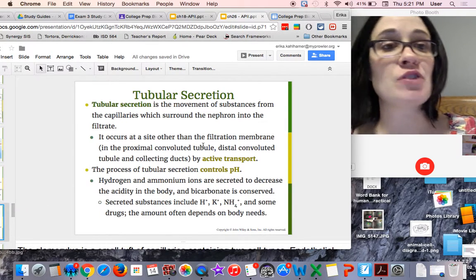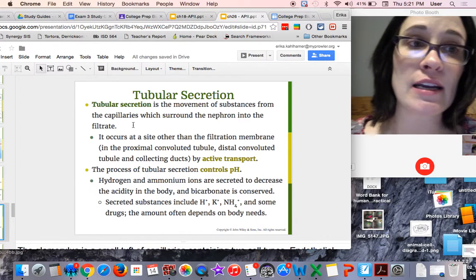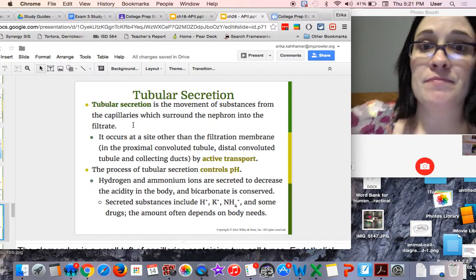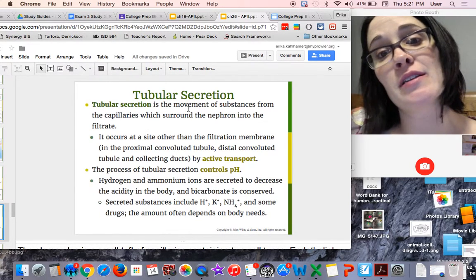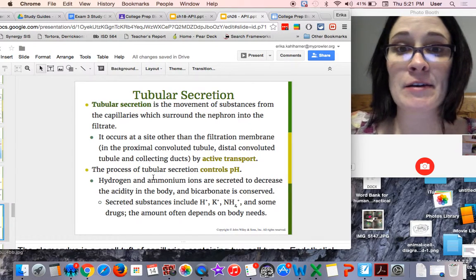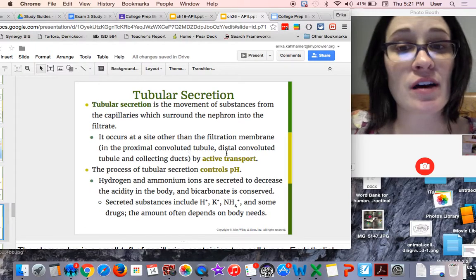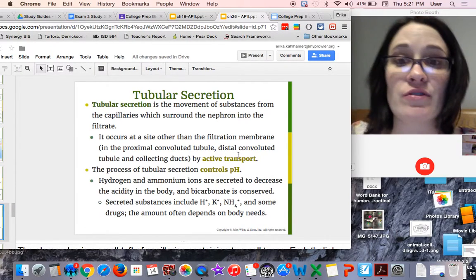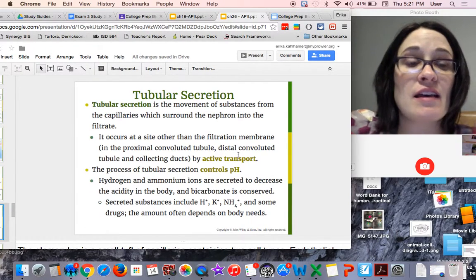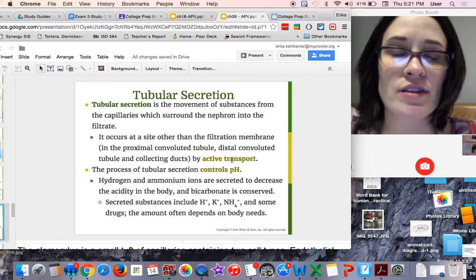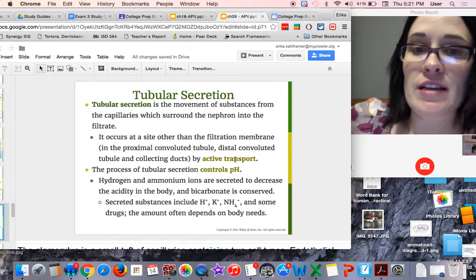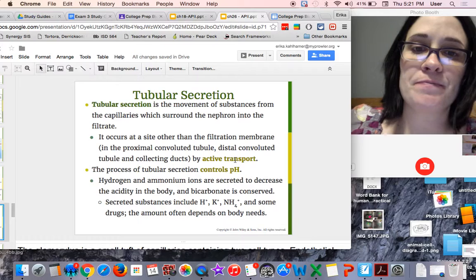The third step, tubular secretion, further on in the nephron, is the movement of substances from the capillaries into the nephron waste. It occurs in the proximal convoluted tubule, also the distal convoluted tubule, and the collecting ducts. Active transport is responsible for this, so some energy is involved.